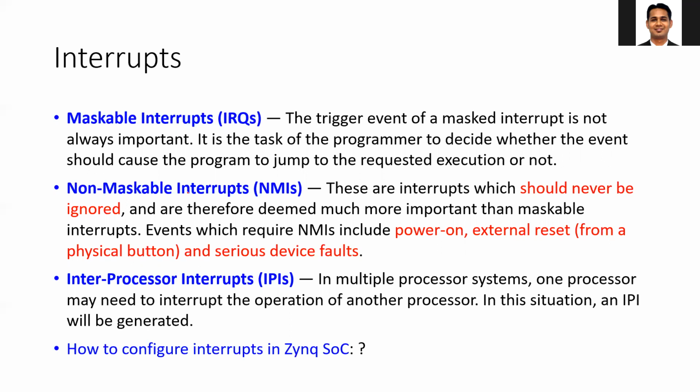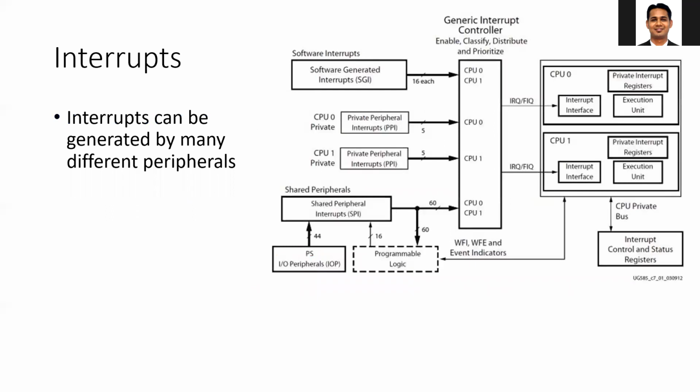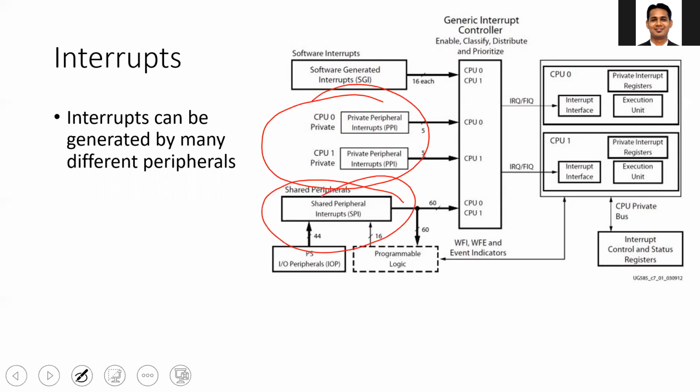We are going to discuss how to configure the interrupts in the Zynq SoC. Inside the Zynq SoC, you can see that there are different kinds of interrupts being generated. There are software generated interrupts using the software SWI command. Then there are private peripheral interrupts, or PPIs, and shared peripheral interrupts.